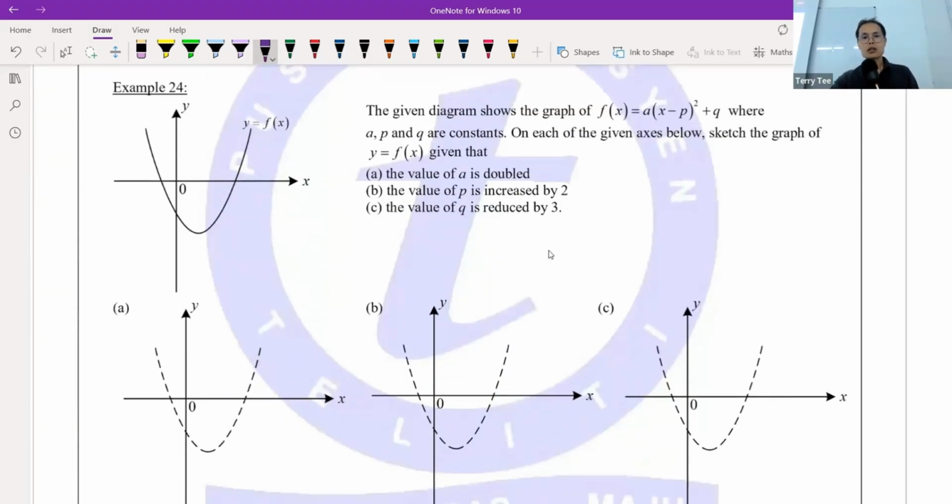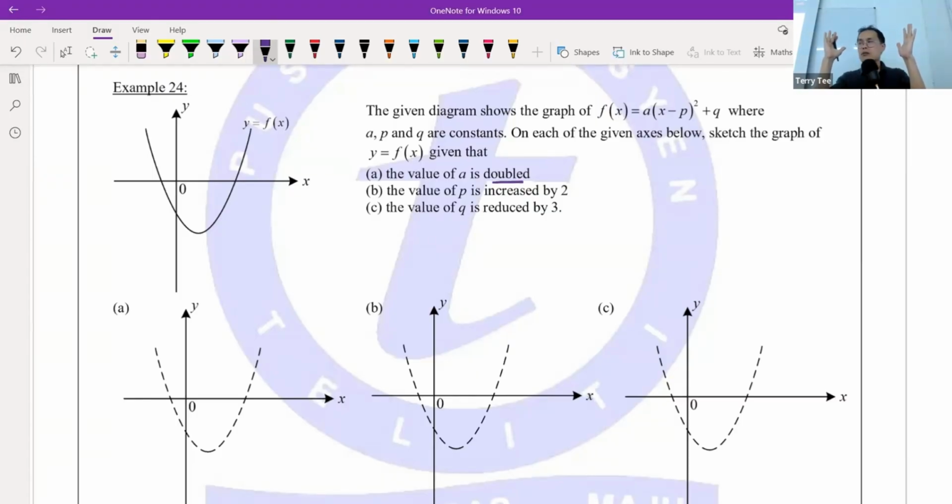So here in example 24, we're going to draw on 3 separate axes the graph of y equals a(x minus p) squared plus q. Now they say sketch a graph of y equals f(x) when a is doubled. Originally, your a determines the shape, right?